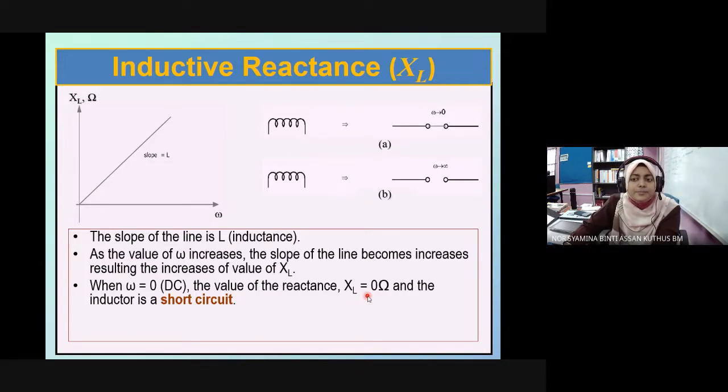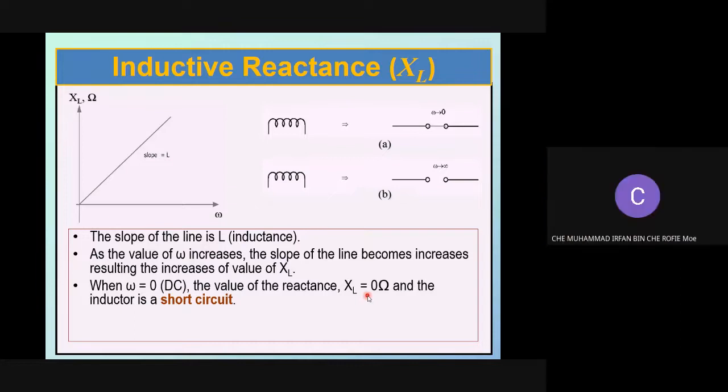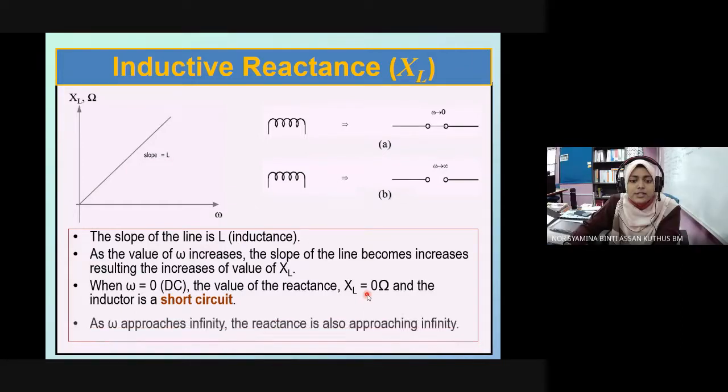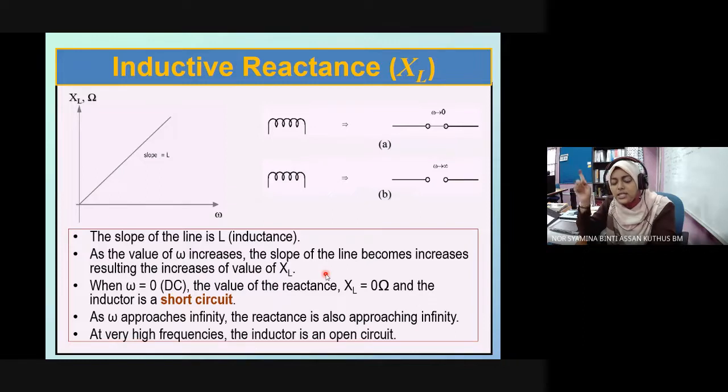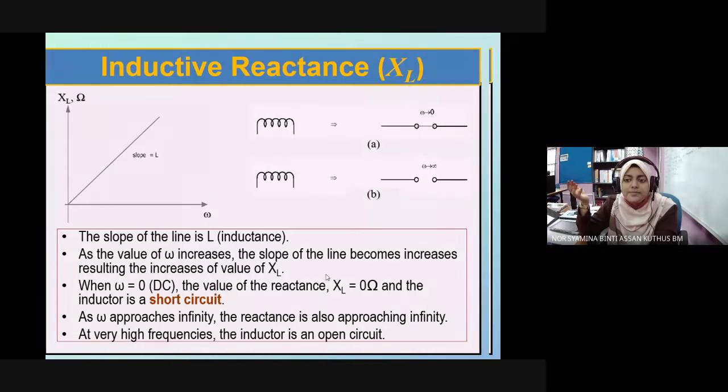Understand? Understand, Miss. Okay, theory only, it's fine. As omega approaches infinity, reactance also approaches infinity, because it just keeps increasing. So at a very high frequency, the inductor is an open circuit.